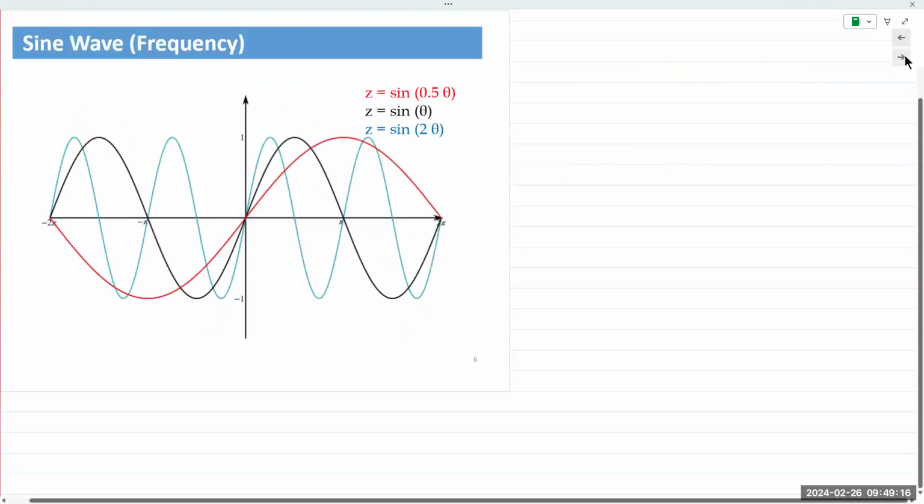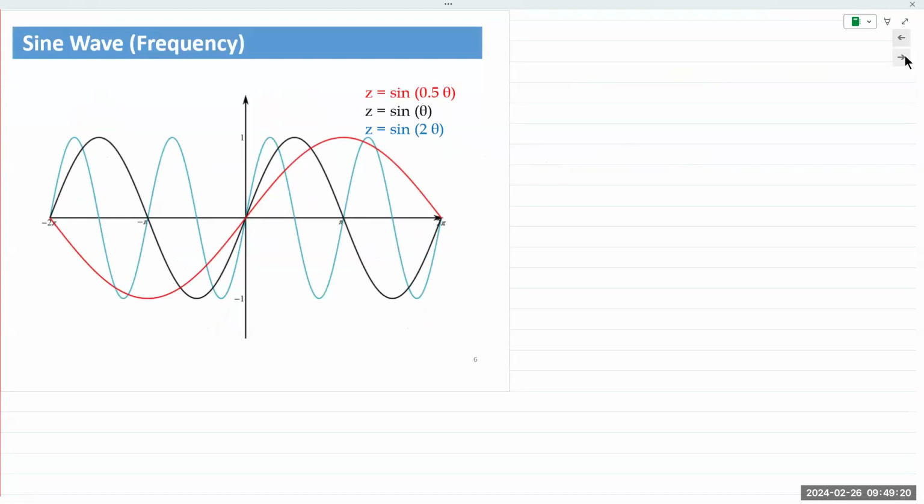Then we come to frequency. I said that the value of this waveform goes up and down, bouncing between positive and negative values. It goes to a positive number, then comes down to 0, then goes to a negative number, and comes back up to 0.